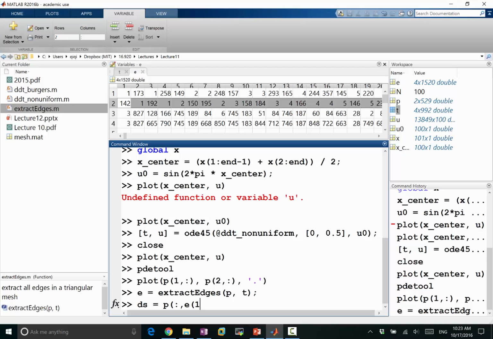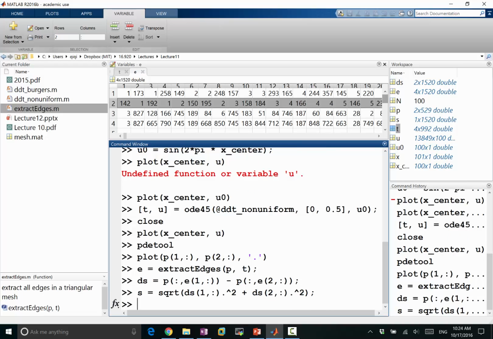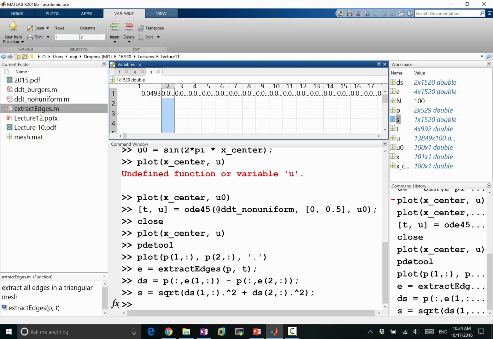That gives us the vector that points from one point to the other along the edge. The length S is the square root of ds1 squared plus ds2 squared, right? That gives me the length of each interface.